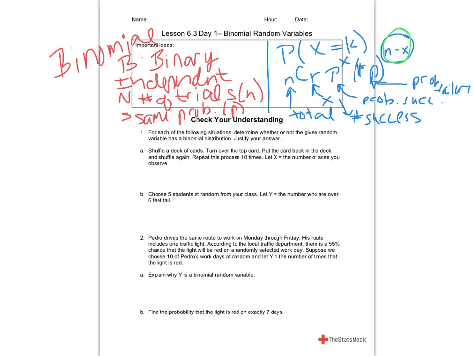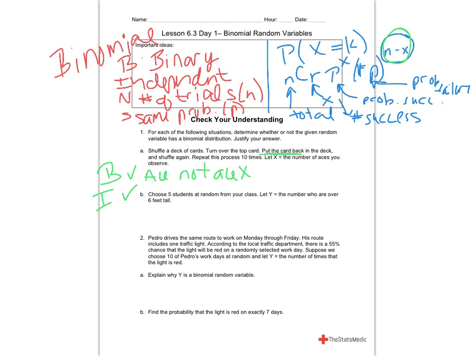Okay, so our first part is the B for binary. Is there a success and a failure? Yes, there is. It's either an ace or it's not an ace. So I have a success, which is an ace, a failure, which is not an ace. Are the events independent? Is each draw independent of the other? Yes, in this case, because I am putting the card back.